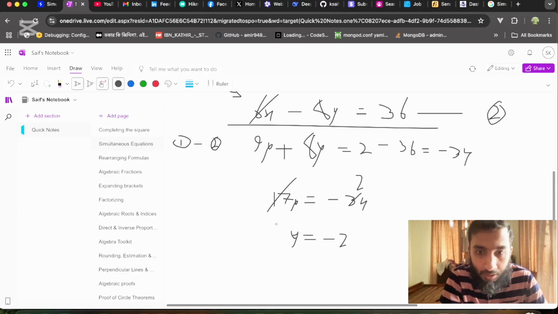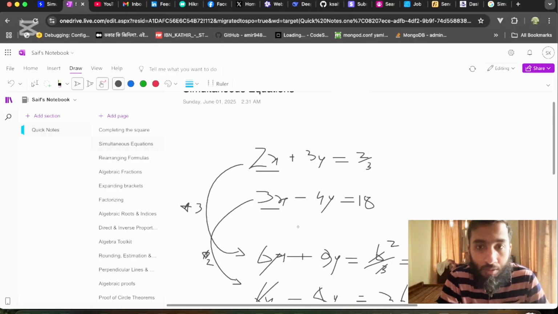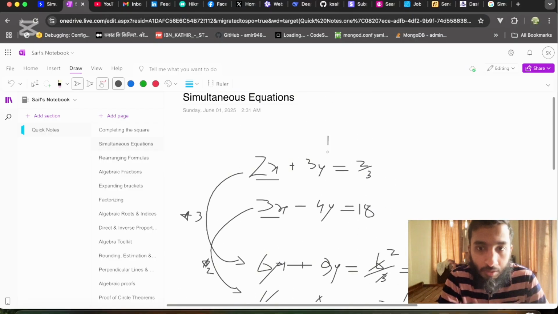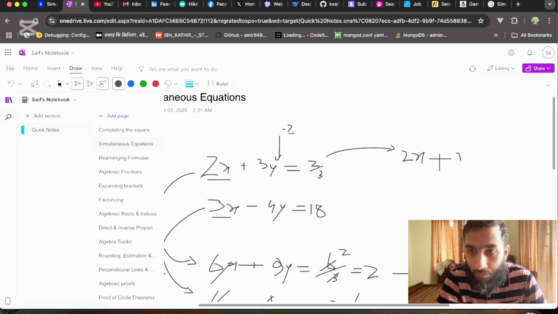So this is the solution for the variable y. I've got the value of the variable y. Now I can use the value of y, which is minus 2, in the first given equation, which is 2x plus 3y. If I use the value of y here, I get 2x plus 3 into minus 2, the value of y that we have just solved, equals 2 by 3.